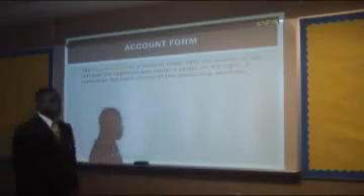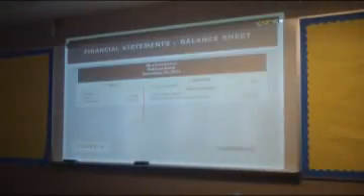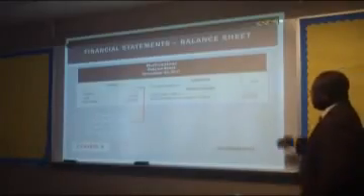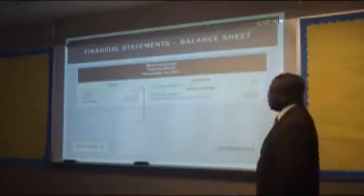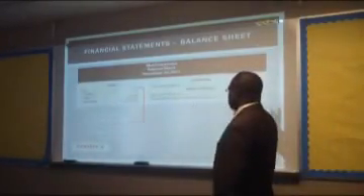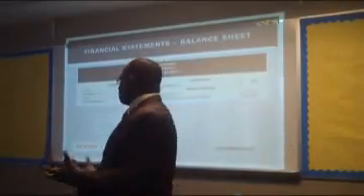One of them is the account form, where you have assets on the left and your liabilities and owner's equity on the right. It resembles the basic format of the accounting equation. One thing that is unique about your balance sheet is both sides must equal when you're done. Because it's a balance sheet, both sides must balance.